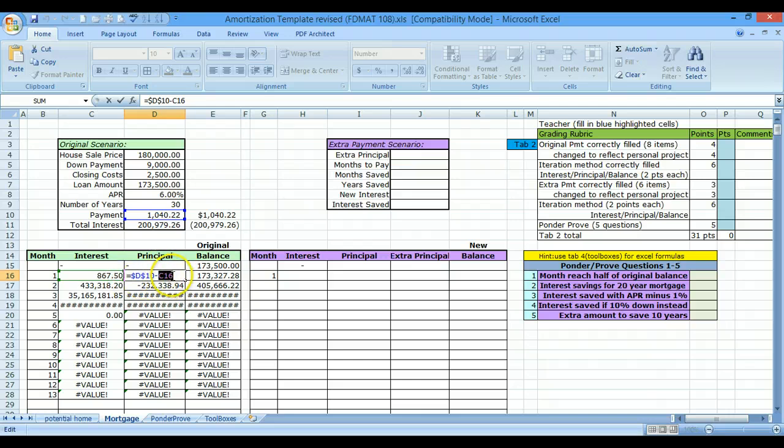So don't absolute cell reference that one because I want it to come down each month with me. I don't need to absolute cell reference either of those because I want those to change, because I will be changing the balance every month, and I'll be adding more principal every month, so that one's good. Now those 4 cells are good.